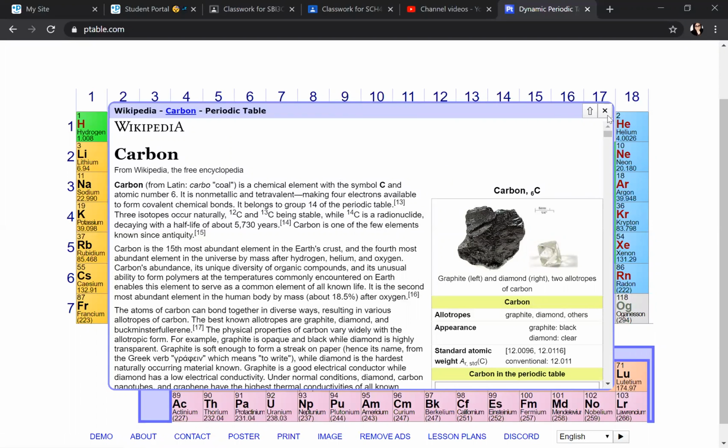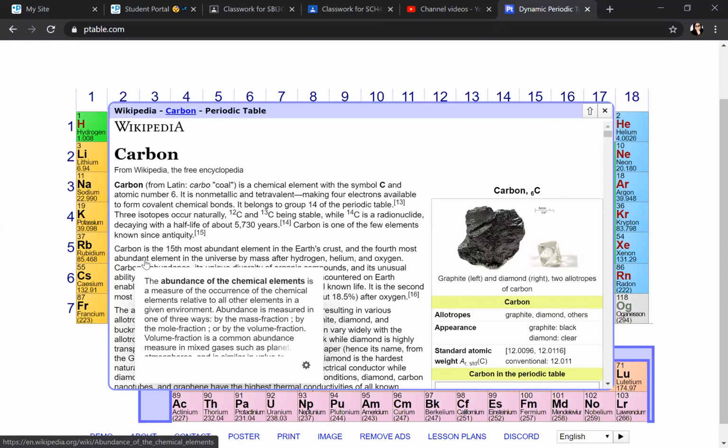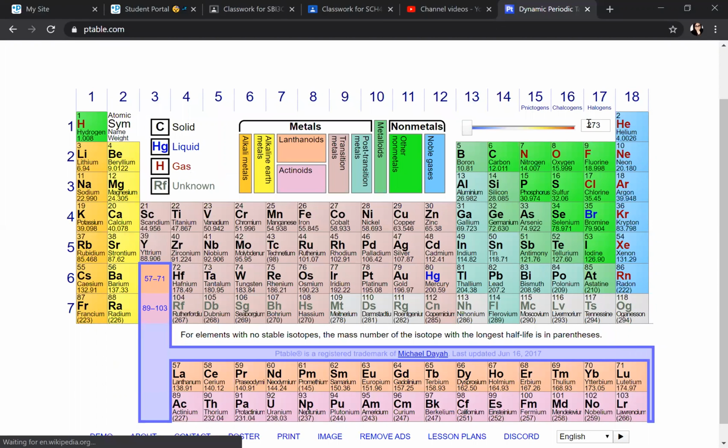You could read up further to find out where carbon is found on Earth. In any case, what we want to know is the atomic number of carbon and the atomic mass of carbon, so that we can write down the chemical or nuclear notation for this element. So let's go back to our whiteboard and jot this information down.